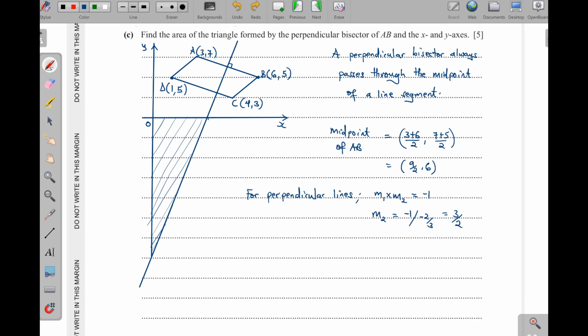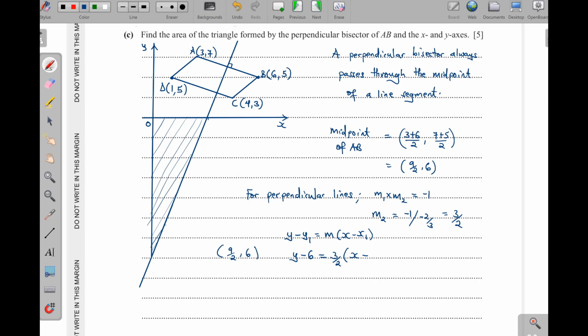So using y minus y1 equals m into x minus x1, with the coordinates through which this line passes, we have 9 over 2 and then 6. So this will be y minus 6, our y1 is 6, then m here is 3 over 2, and then x minus, what will this one be?